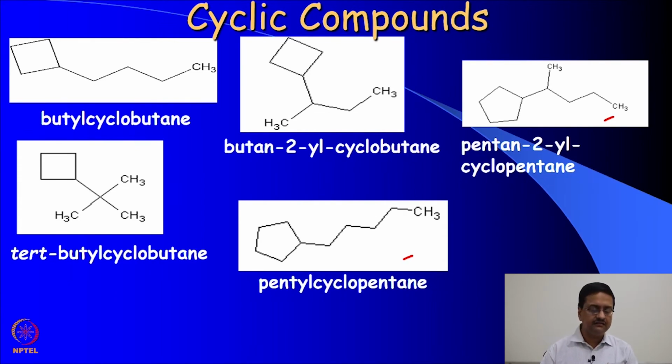The logic is that the cyclic compound is treated as the parent over the chain. So, when the ring and the chain have the same number of carbon atoms, the name is given with the cycloalkane as the parent and the other part as the prefix.